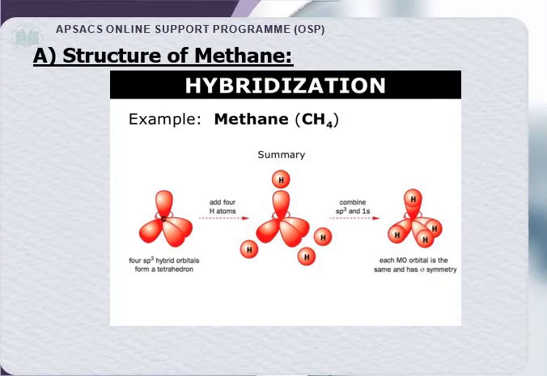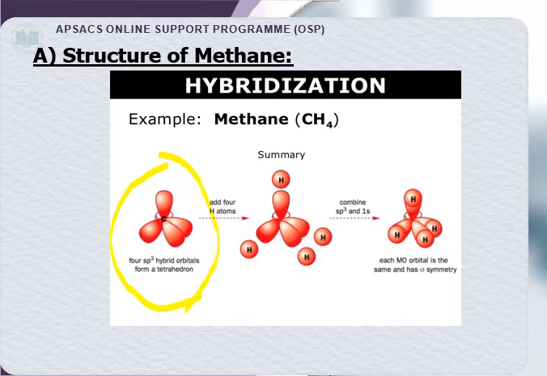Now here the structure of methane is given. The four assembled sp3 hybrid orbitals are mentioned like this for the carbon, having tetrahedral geometry with a 109.5 degree angle, and only the overlap of hydrogen is required now.